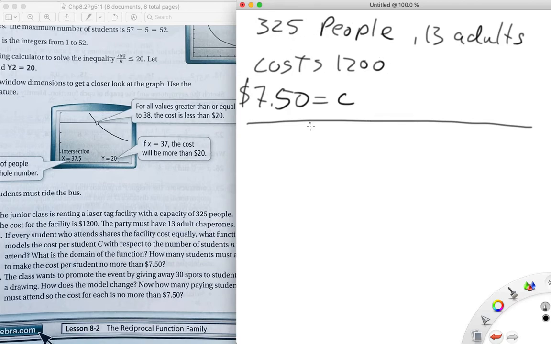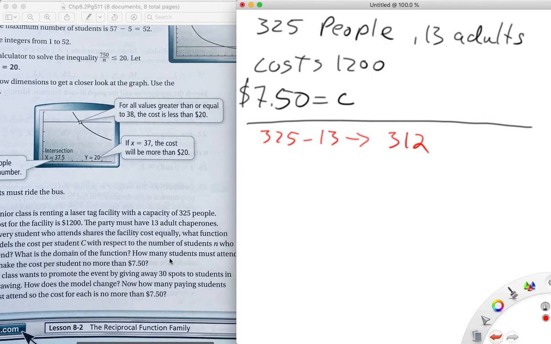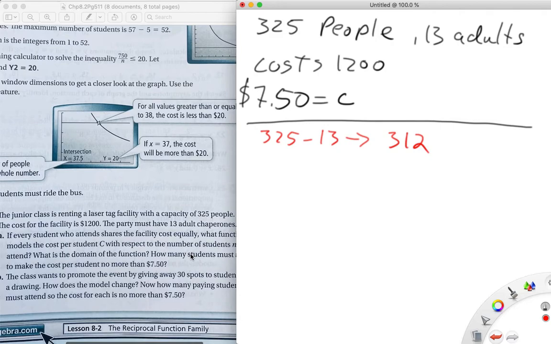This event seats 325 people, but of those 325, 13 are adults. So I'm going to subtract 13 from 325, and I get 312. So I have 312 students. The first question asked is, with respect to the number of students n, what's the domain of the function?